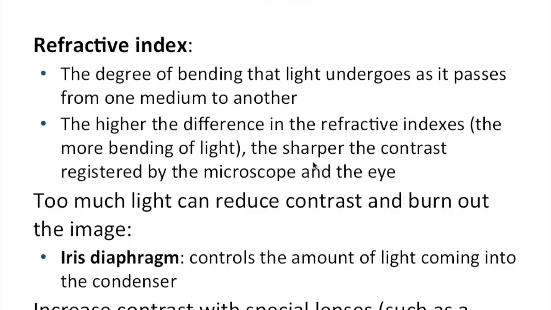High contrast means the higher the difference in the refractive index, the sharper the contrast. So that means it will give us a higher quality image.